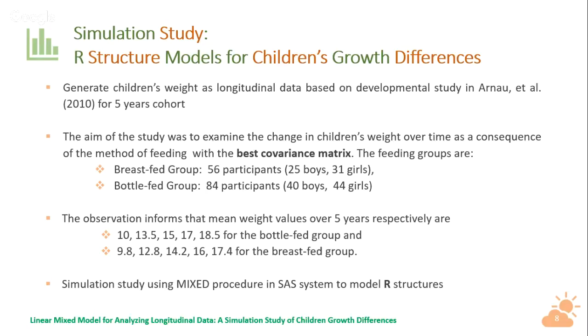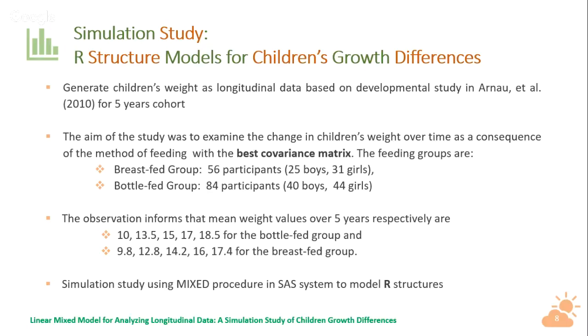Since we don't have the real data, we generate the data from the paper, and then we simulate the data. In this paper, the motivation is we want to know what the best covariance matrix structure is to model the growth development data. So we need to generate the data.